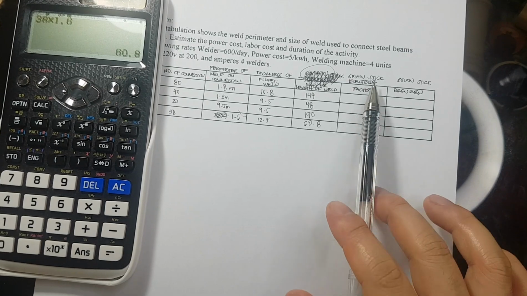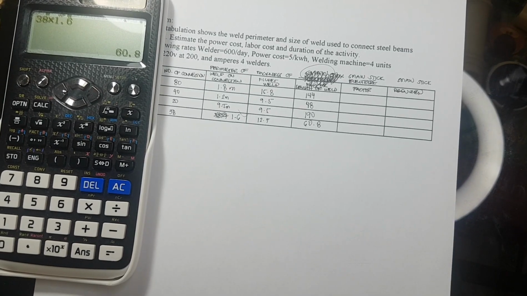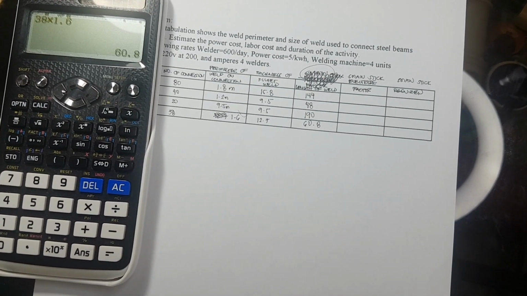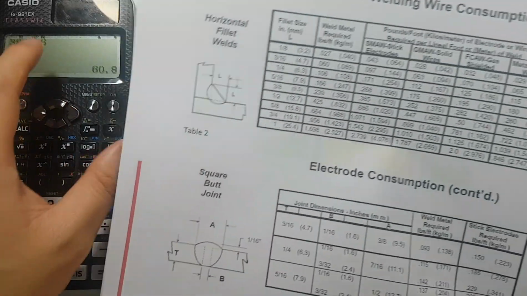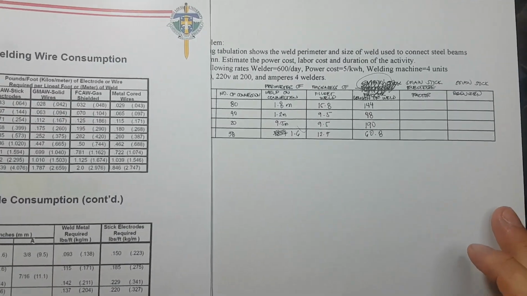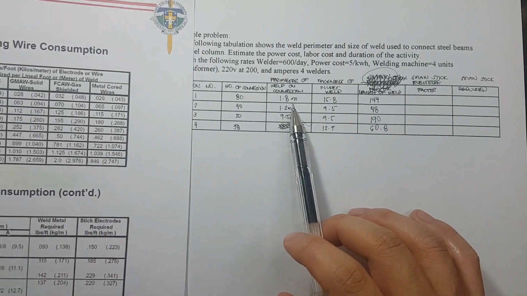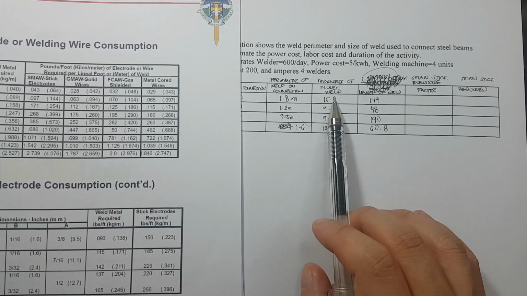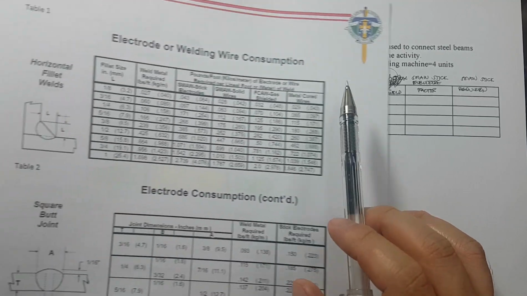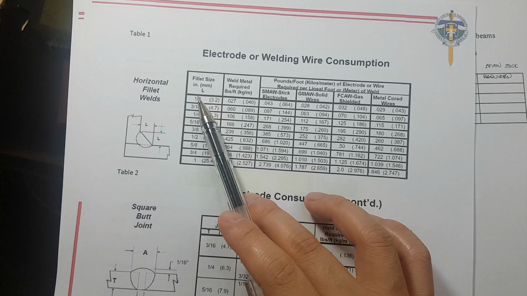Now for the SMAW stick electrode factor, gagamitin natin yung ating table. Okay, so ito yung ating table. Let's check. So here, our fillet weld is 15.8. Now, dito natin siya titignan. This is the English system.